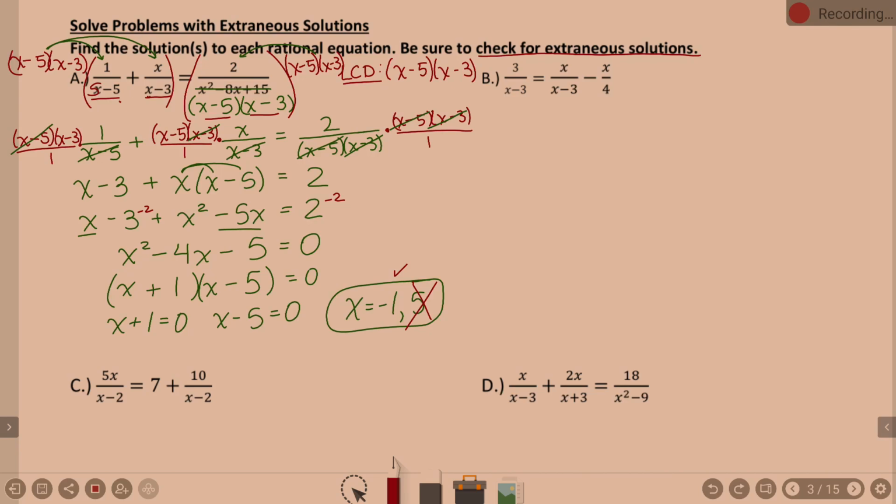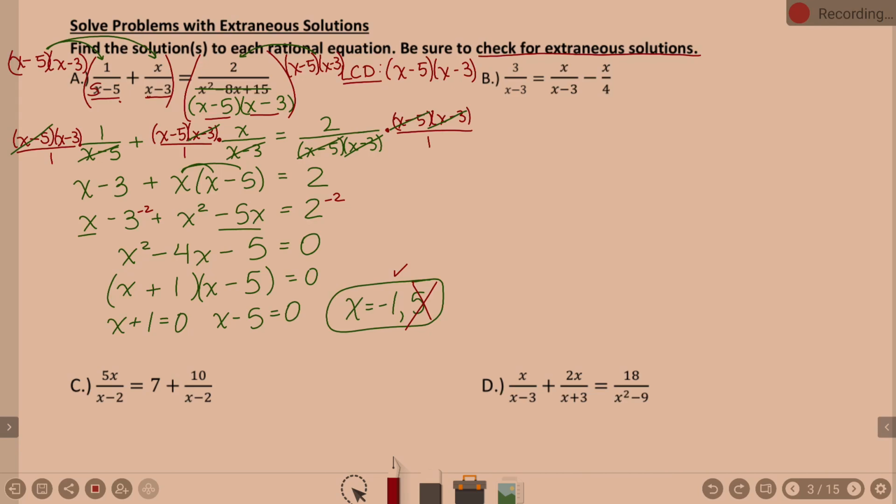How is it, mathematically speaking, that we can get 5 as an answer if it doesn't actually work? When we multiplied by x minus 5 and x minus 3 and brought those pieces out of the denominator, we created those extra answers. We took an equation that wasn't necessarily a quadratic equation and turned it into a quadratic equation to clear our fractions.